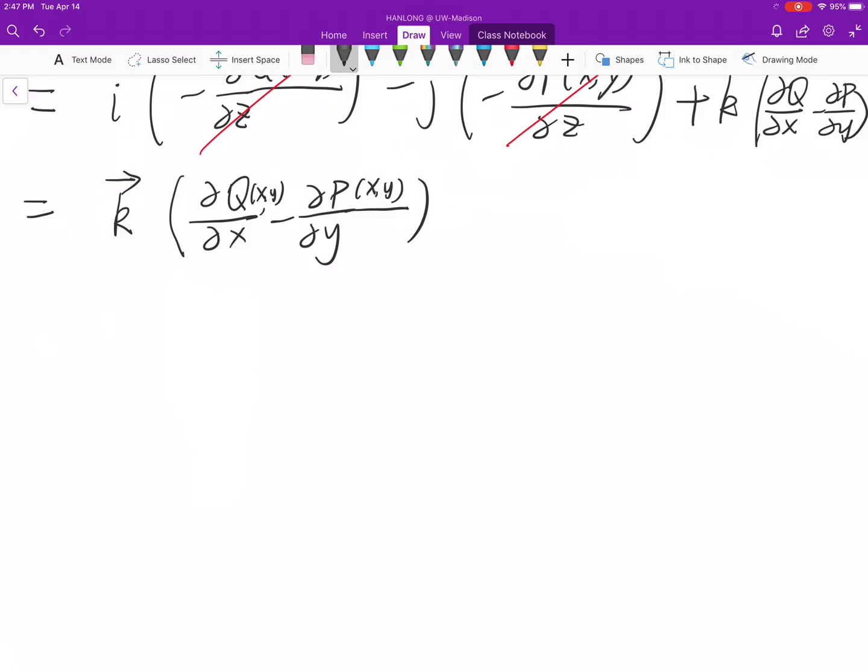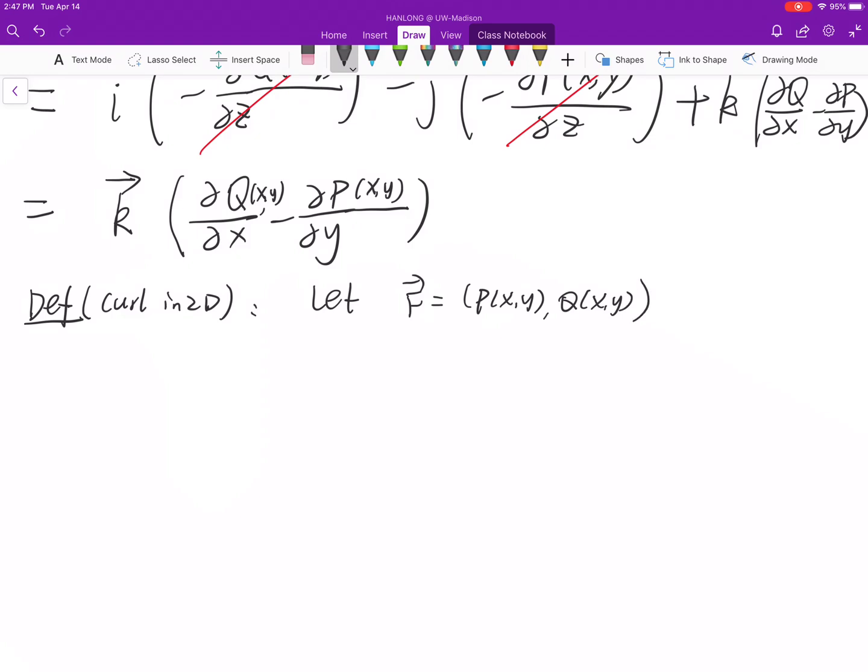Therefore we first make the following definition. This is curl in 2D. Let F equal (P(x, y), Q(x, y)), a vector field in 2D.